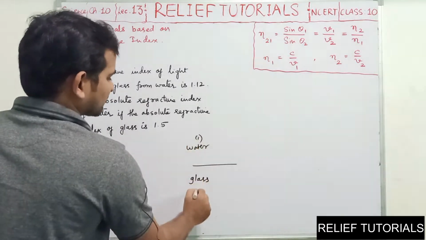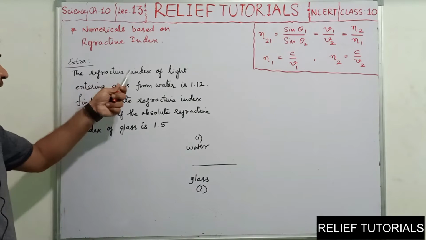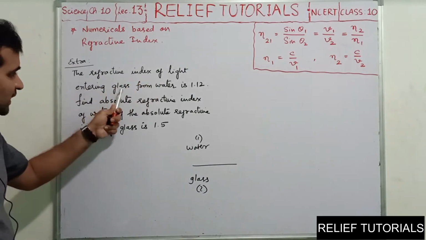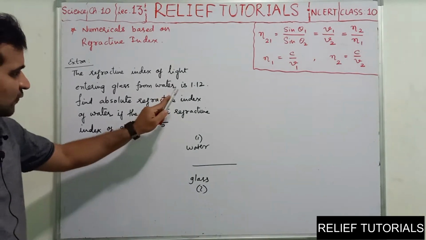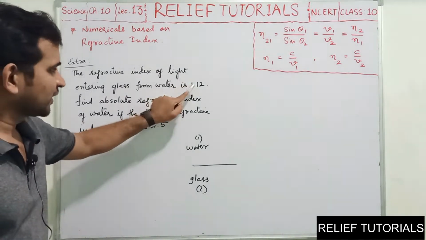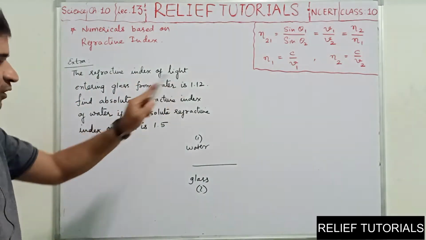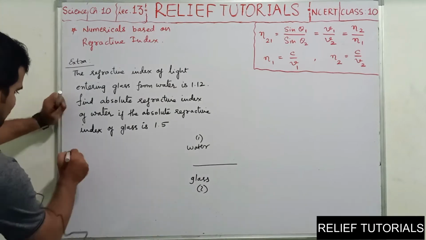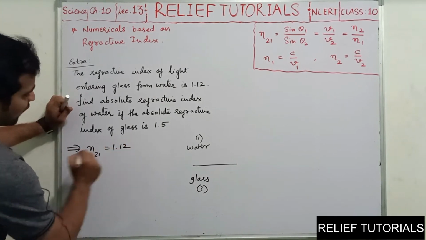Again, the refractive index of light entering glass from water is 1.12. So what is this 1.12? Here 1.12 is the refractive index of glass with respect to water. So it is nothing but eta 21, given as 1.12.